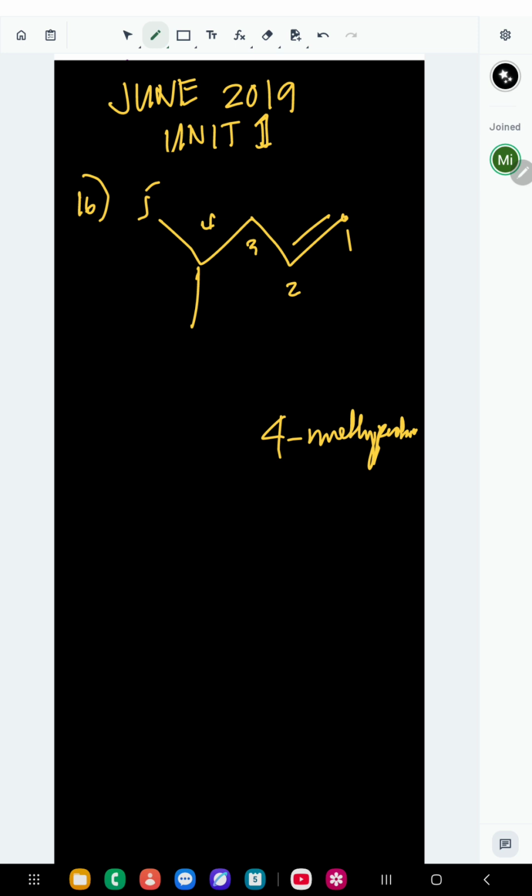And then the chlorine, it has 2. Okay, where is it attached? The first and second carbon. So the answer should be dichloro attached to the first and second carbon. So 1,2-dichloro-4-methylpentane. So the answer here should be letter D.